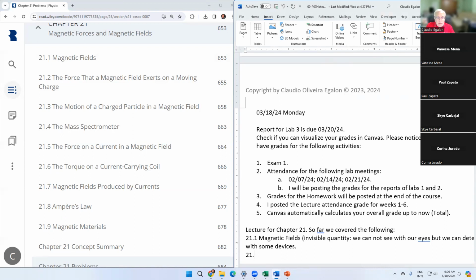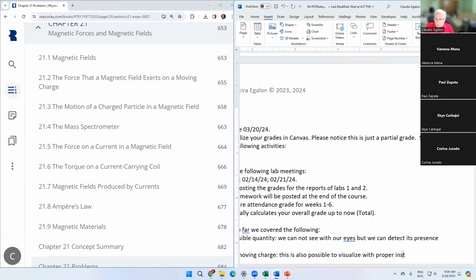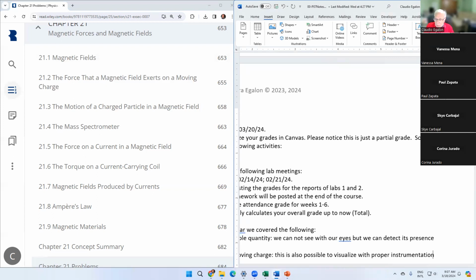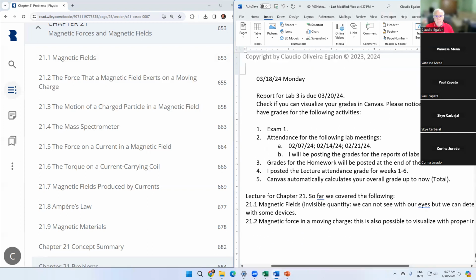And then we started talking about the magnetic force, the magnetic force on a moving charge. This is also possible to visualize with proper instrumentation.